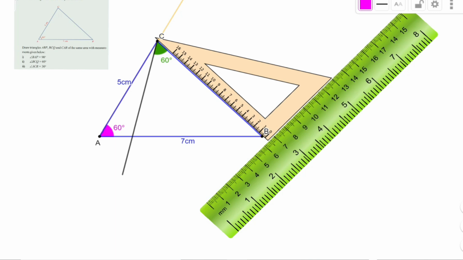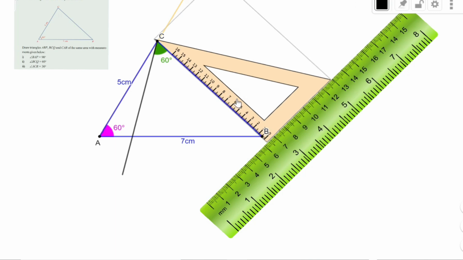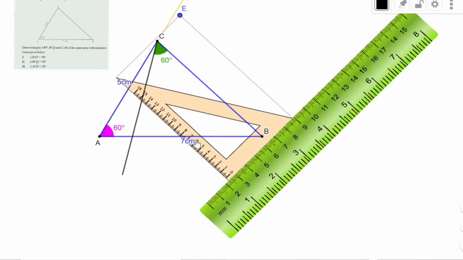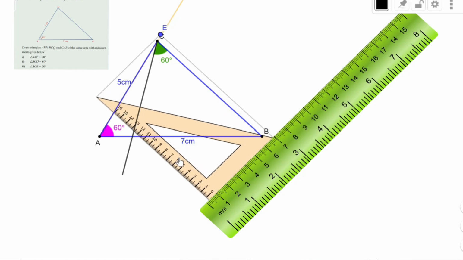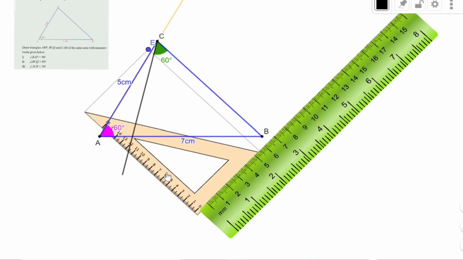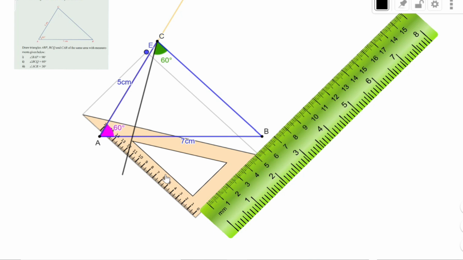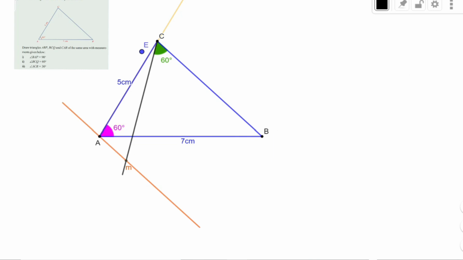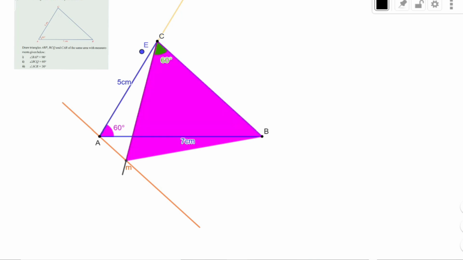Let us take ruler and set square and slide the set square till it reaches the point A. Now draw a line through the point A. Now mark the point of intersection of this parallel line and the line through C. Join it to B. This is the required triangle. This angle is 60 degrees and the area of the triangle is equal to the area of the first triangle, as the bases are same and the third vertices are on a line parallel to the base.